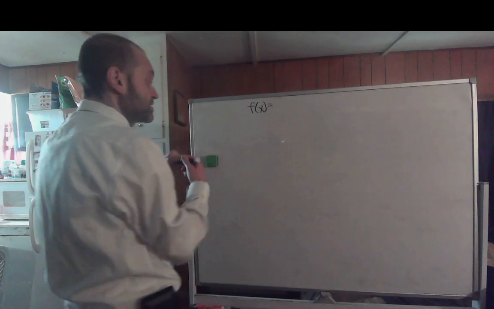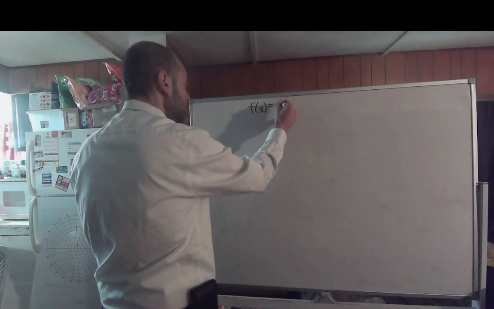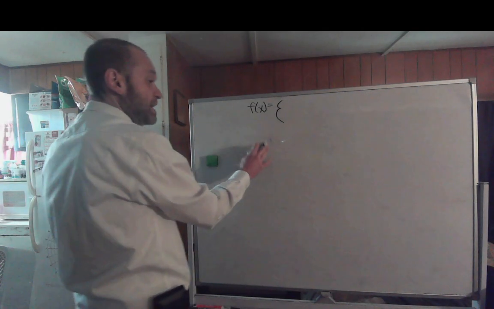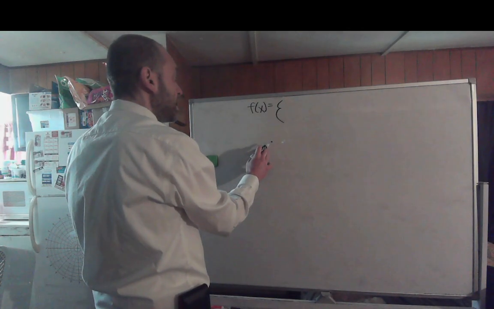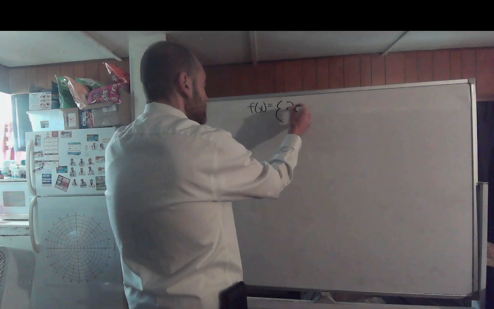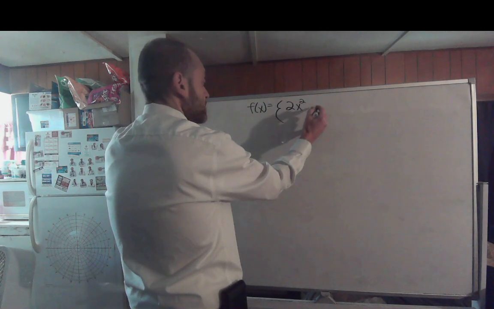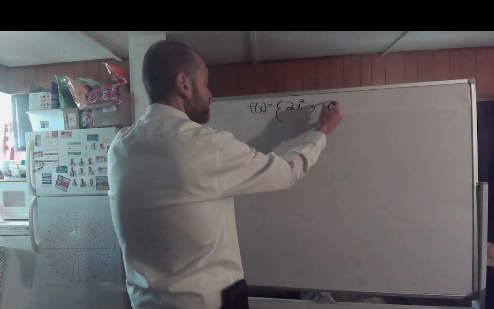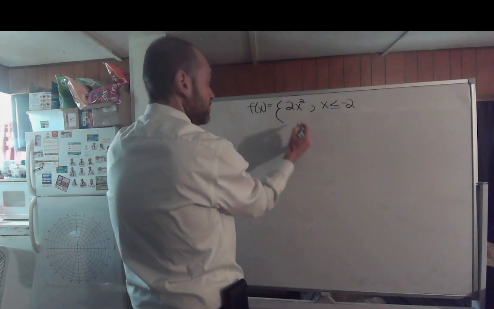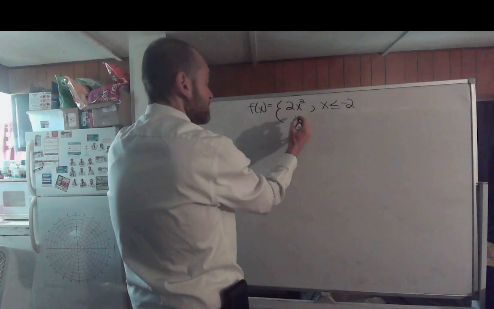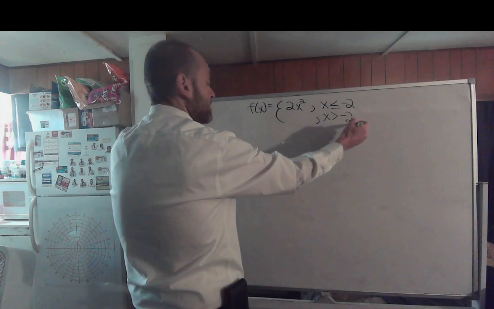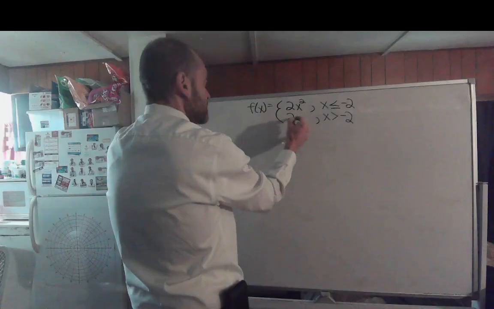I'm kind of going to make this one up, but let's say I take f of x equals 2x squared, where x is less than or equal to negative 2, and then when x is greater than negative 2, it's just going to equal 2x.